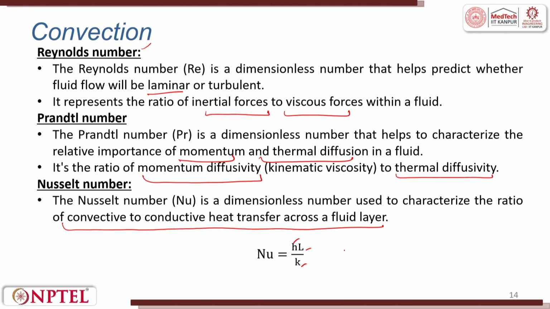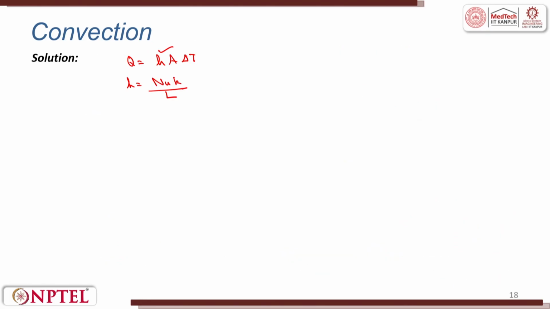Here we can say H is equal to Nusselt number into K by L. So we need to find the Nusselt number. To find Nusselt number, the relation given is 0.332 Re to the power 0.5 and PR to the power 0.33.